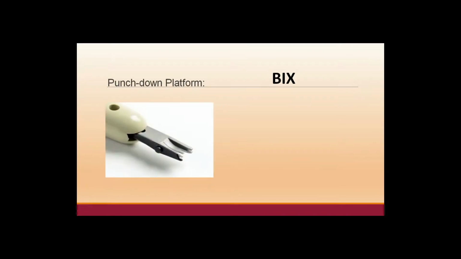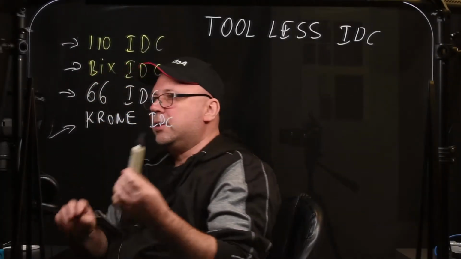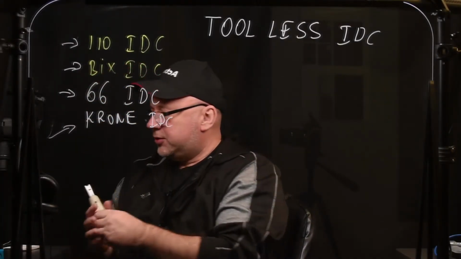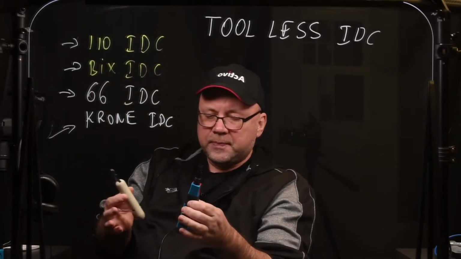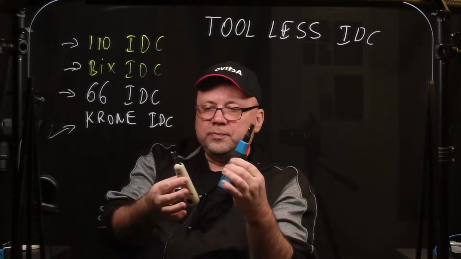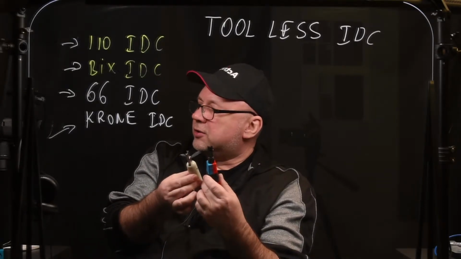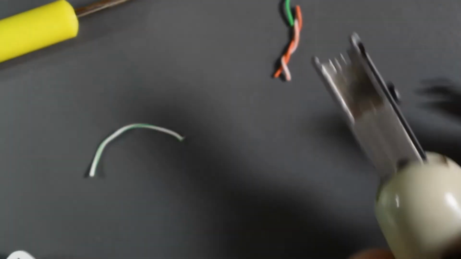All right, so let's take a look at some punch down platforms. BIX, that's what the BIX head looks like, and I happen to have one right here. It looks like this, and I have another punch down tool that looks like this. Let me get a closer view.